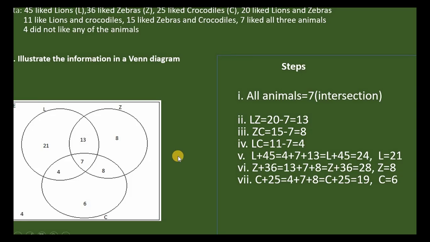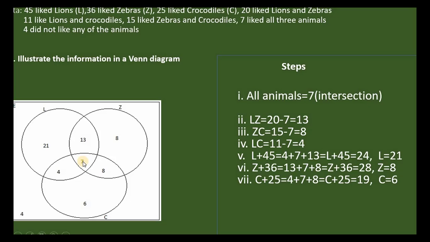Alright? And so this is the Venn diagram here, and when we compare, we discover that those who watched all the 3 types of animals, we indicate them here on the intersection, meaning they are found in lions, zebras and crocodiles. It's 7.